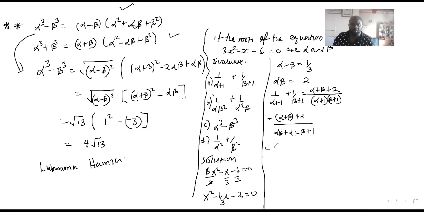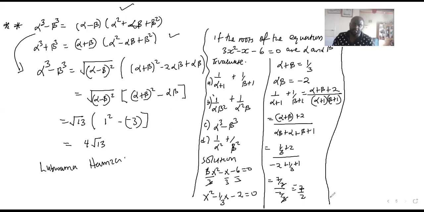We are good to go and substitute: a third plus 2, all over negative 2 plus a third plus 1. This will give me 7 all over 3. Then this will give me negative 1, which will give me negative 3, giving me over negative 2 out of 3. Thus, our answer is 7 out of 2, a negative. So you should be very good at simplifying functions.